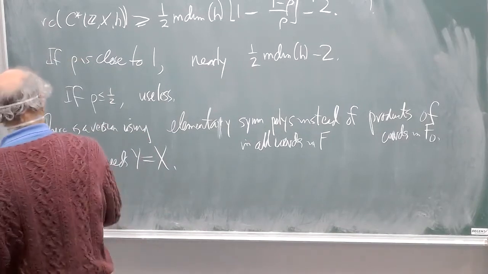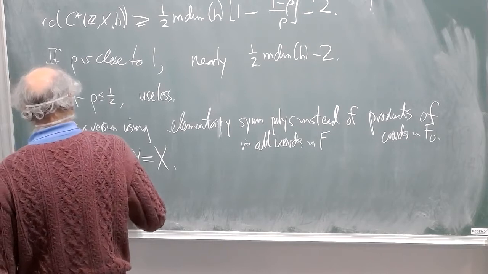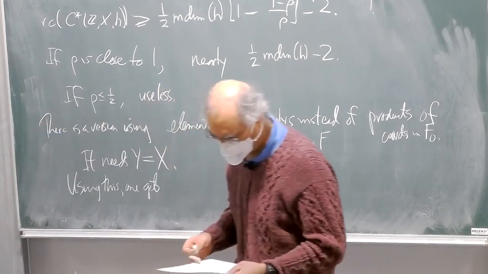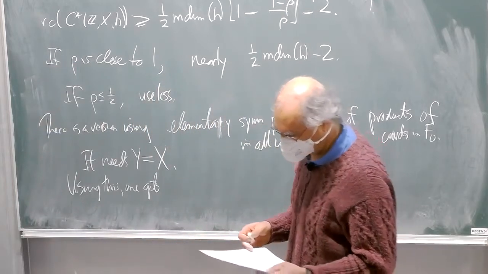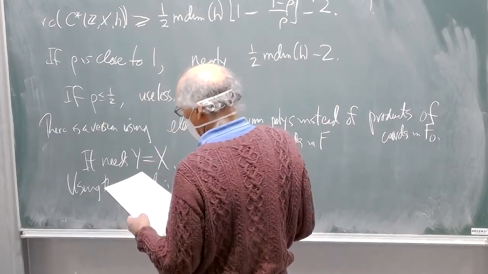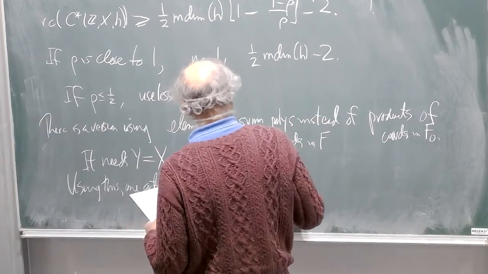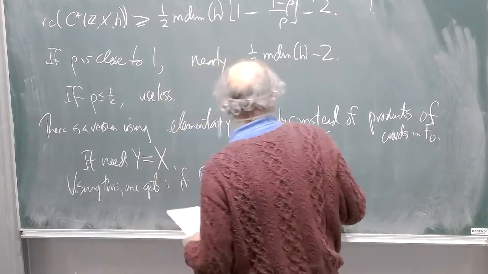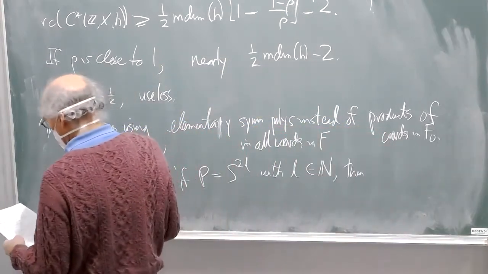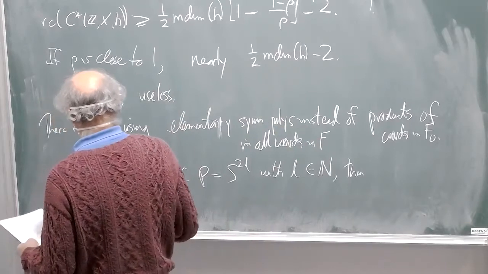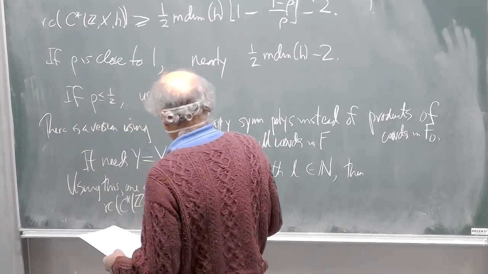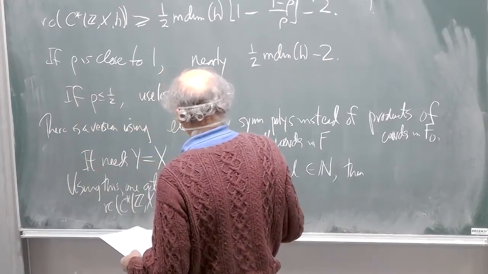But using this, one gets, if P is S to the 2L with L integer, then RC of C star of ZXH is bigger than or equal to a half mean dimension of H minus 1.